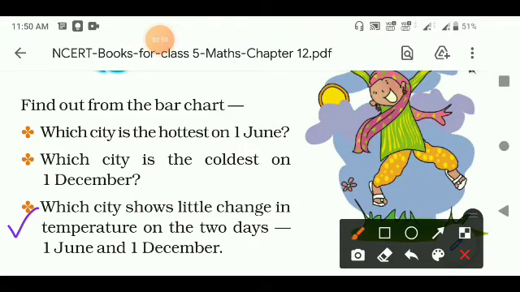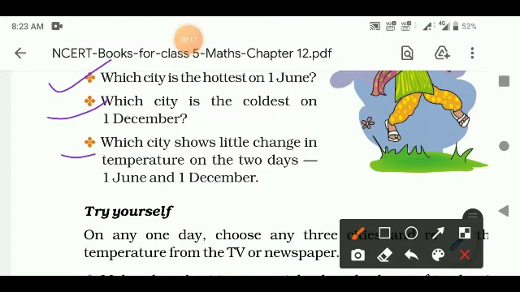Now the next one is, which city shows little change in temperature on the 2 days, 1st June and 1st December. For this we have to find the city which shows the little difference in its temperature on 1st June and 1st December.